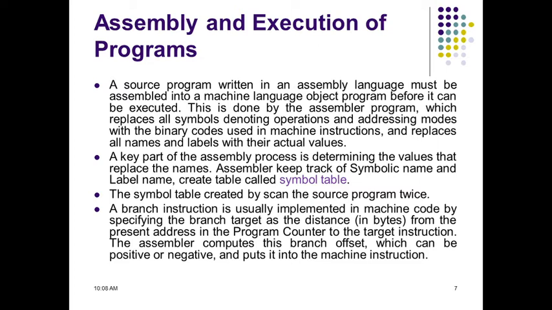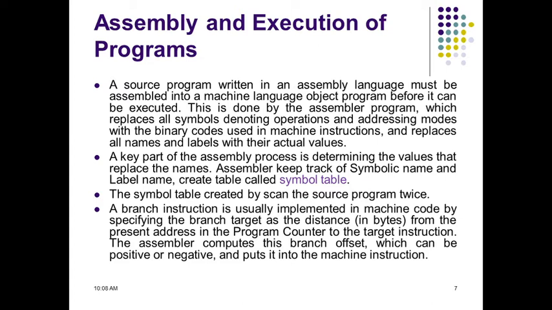As the assembler scans through the source program, it keeps track of all the names and the numerical values that correspond to them in a symbol table. Hence, when a name appears a second time, it is replaced with its value from the table. A problem arises when a name appears as an operand before it is given a value.